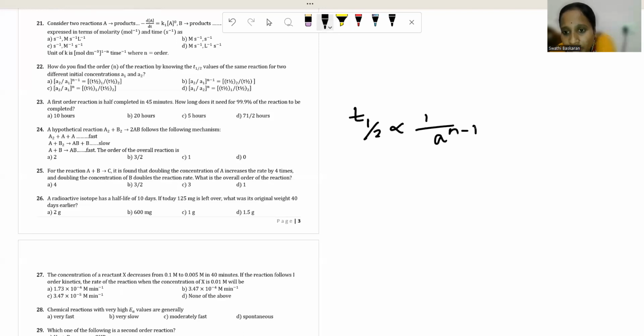So this is the formula, right? Now you need to consider t half for two different initial concentrations, that is a1 and a2.